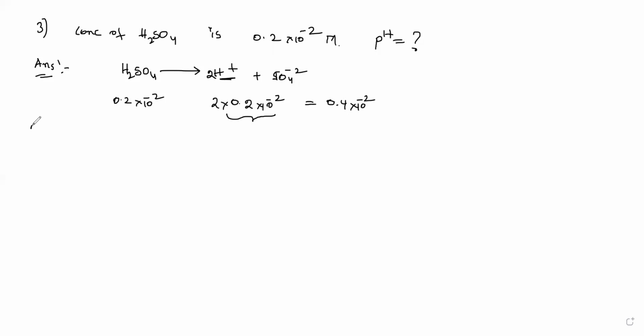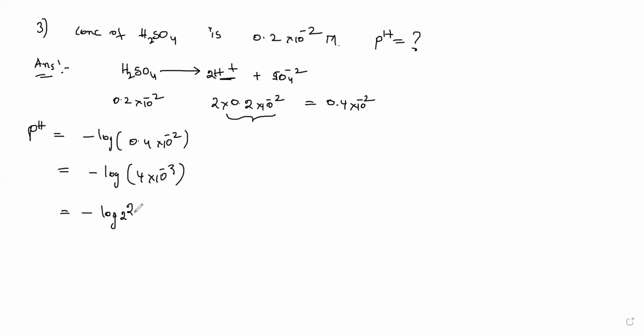Now we can calculate the pH of the given solution. pH of the given solution is minus log of 0.4 into 10 to the power of minus 2. If we remove the point, we get log of 4 into 10 to the power of minus 3. Then log 4, 4 we can write as 2 squared, so log 2 squared minus log 10 to the power of minus 3.